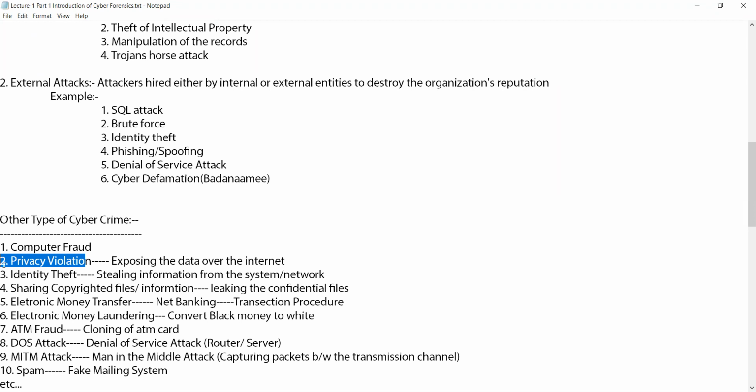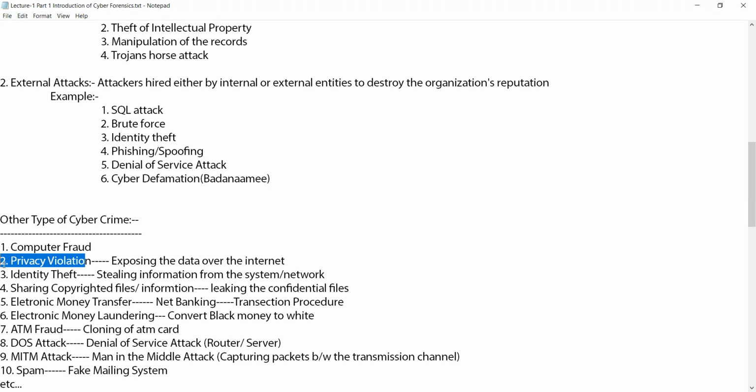The next thing is identity theft. So what is identity theft? Again, guys, I told you, it is stealing information from the system as well as the network. This type of crime is most of the time done by internal or external entities, both.